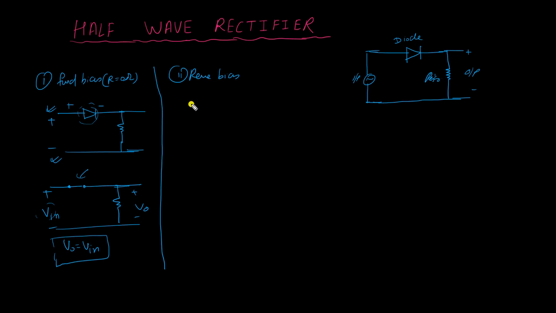In case of reverse bias, the polarity will be just opposite, nothing else. So here we are going to get negative and here will be positive. So the diode is getting negative at this side, so its resistance will be infinite ohm, and infinite ohm means open circuit. So it will be like this.